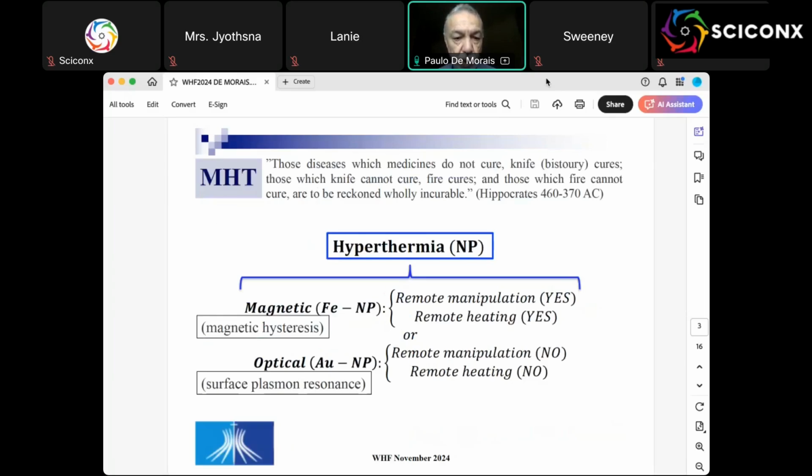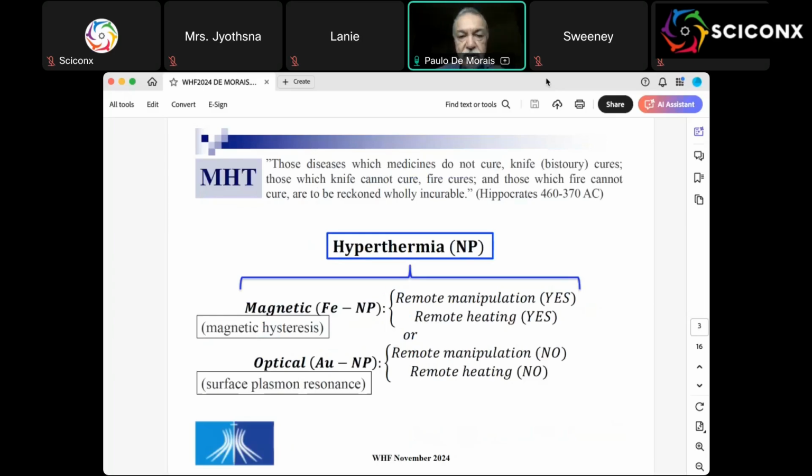The other is optical hyperthermia, using specifically some metal nanoparticles like gold and silver. What is the difference here? Magnetic hyperthermia is based on the magnetic hysteresis curve. However, optical hyperthermia is based on the surface plasmon resonance. They are quite different mechanisms.